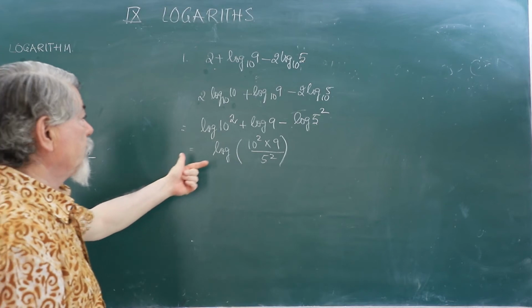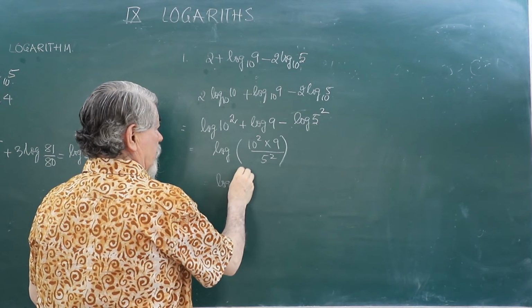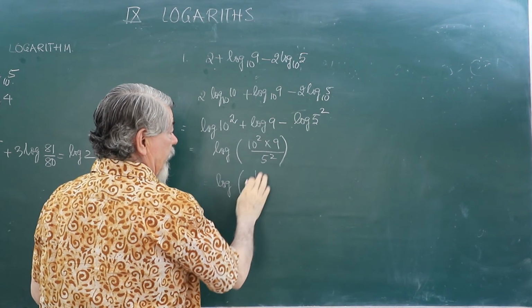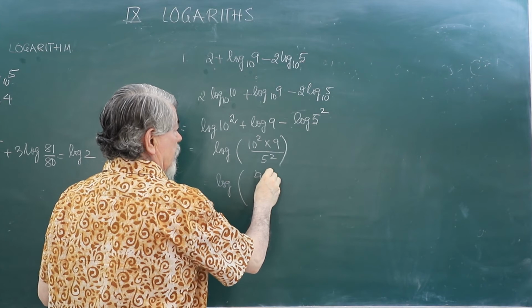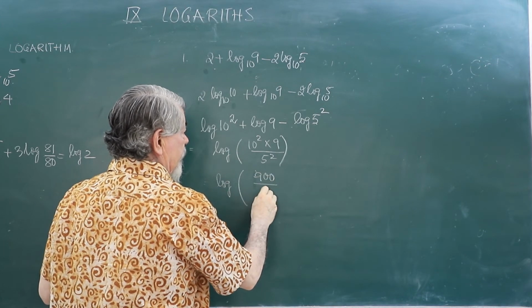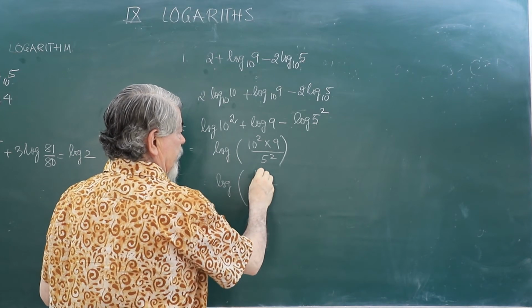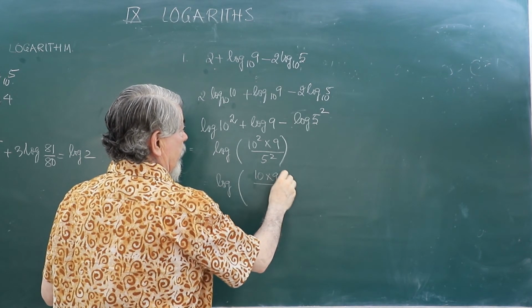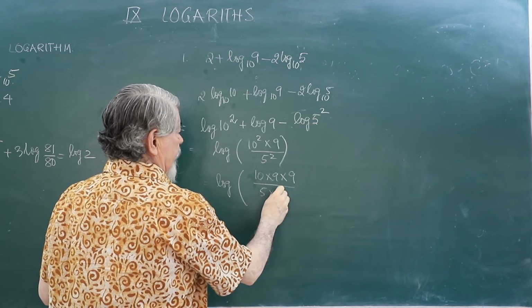So it will become log 100 into 9, 900 you can write down, or you can leave it here also, 900 upon 25. Let us cancel whatever we can cancel. 10 into 10 into 9 upon 5 into 5.